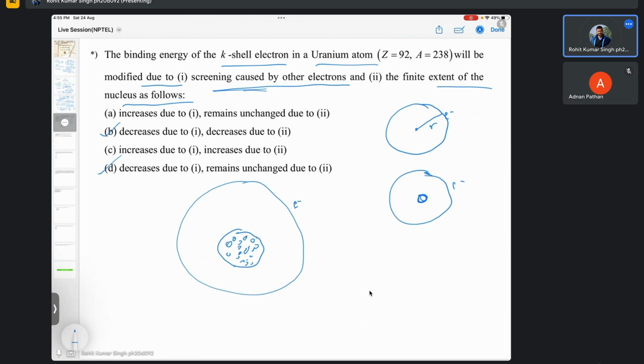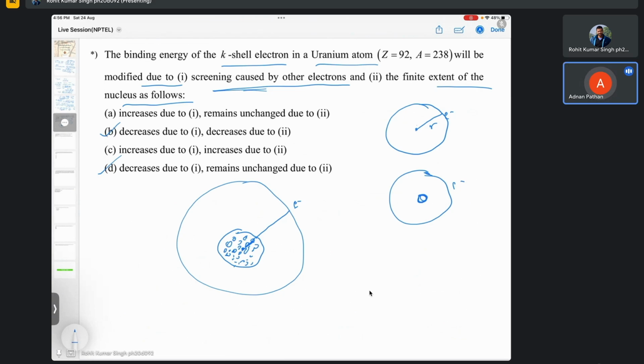The protons closer to the electron will have a high electrostatic force. If it were a point particle, with all the charge situated here, it would have been the constant force. But in this case, the situation will change, right?